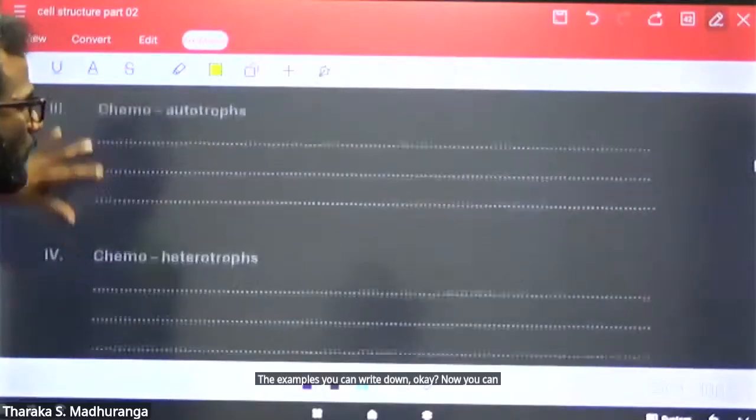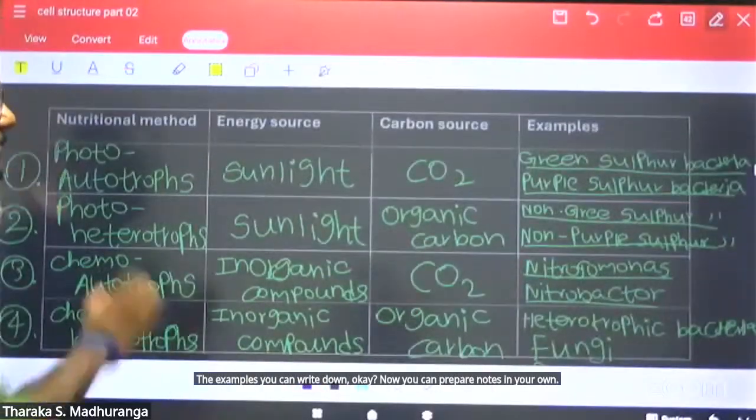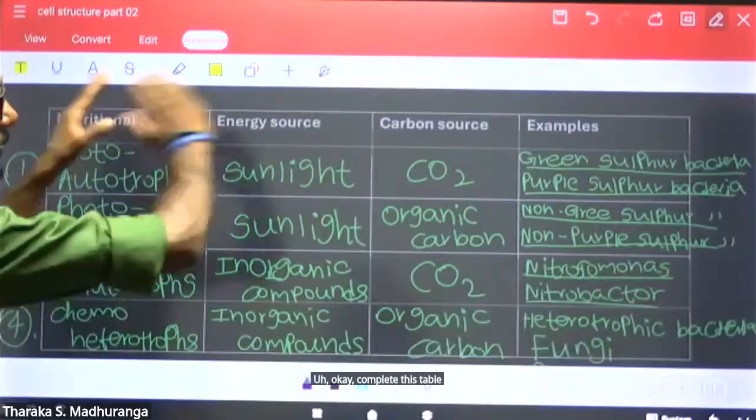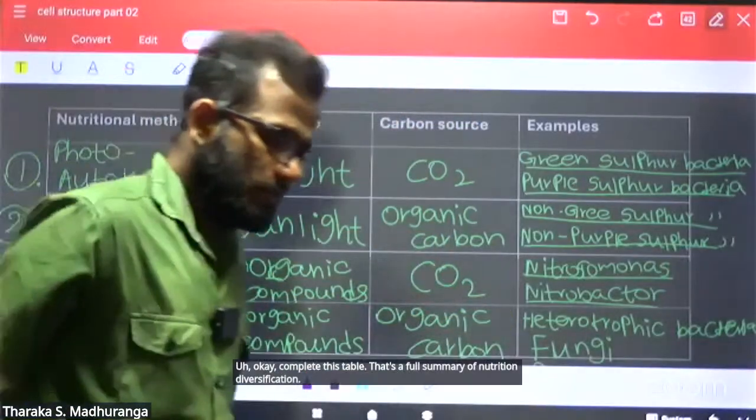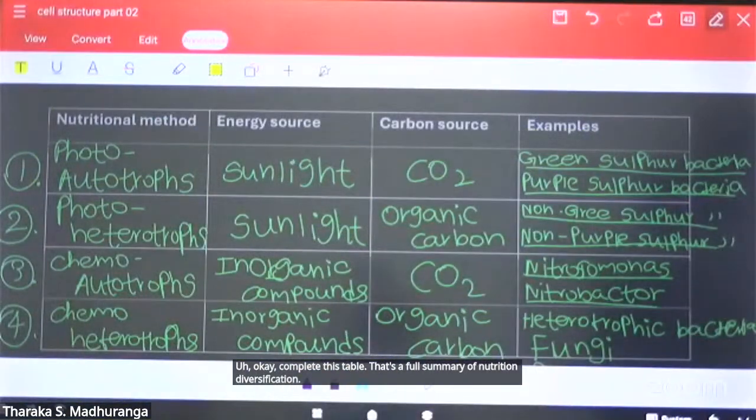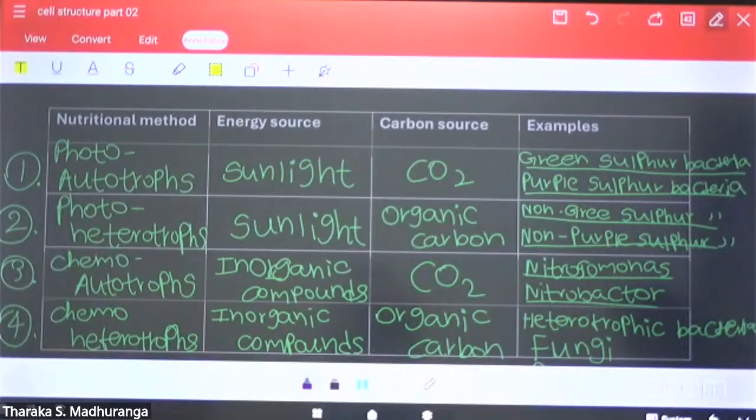You can write down the examples. Complete this table. That's a full summary of nutrition diversification.